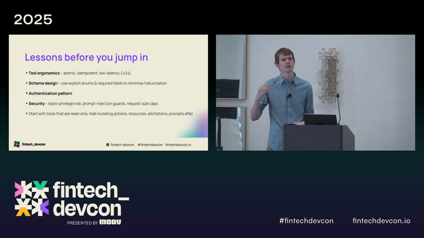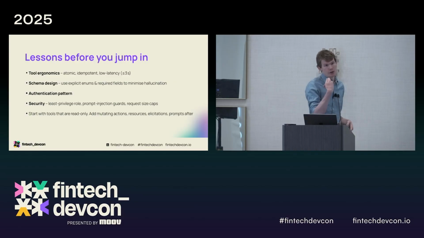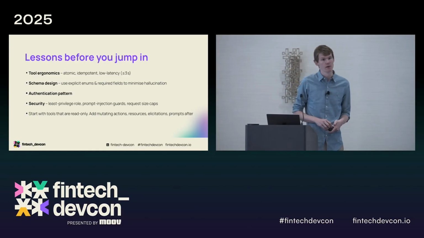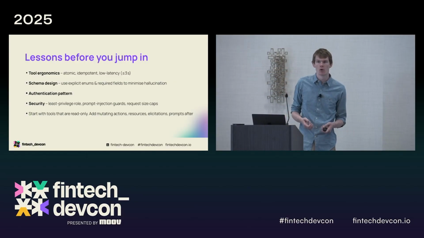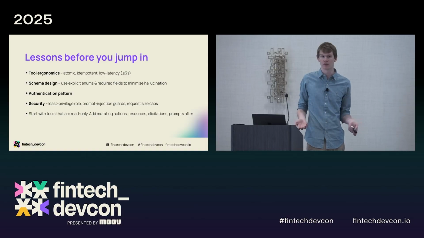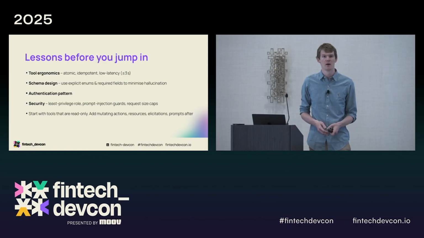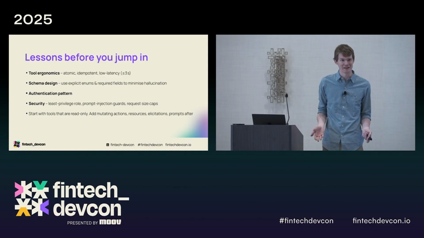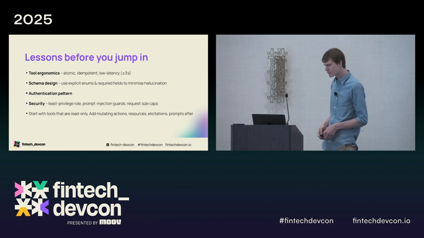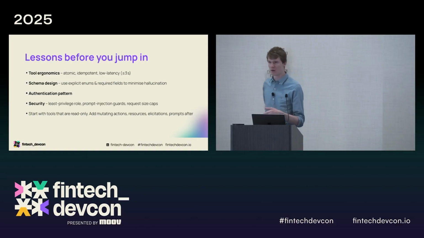You can then start to improve the user experience by adding prompts. You can add elicitations and more complex workflows. You can then start to add the more mutating or destructive actions. I wouldn't recommend deleting your data, for example, as one of the first things you implement. Make sure you understand when an AI is potentially going to start calling this. So start really simple, start with read-only.